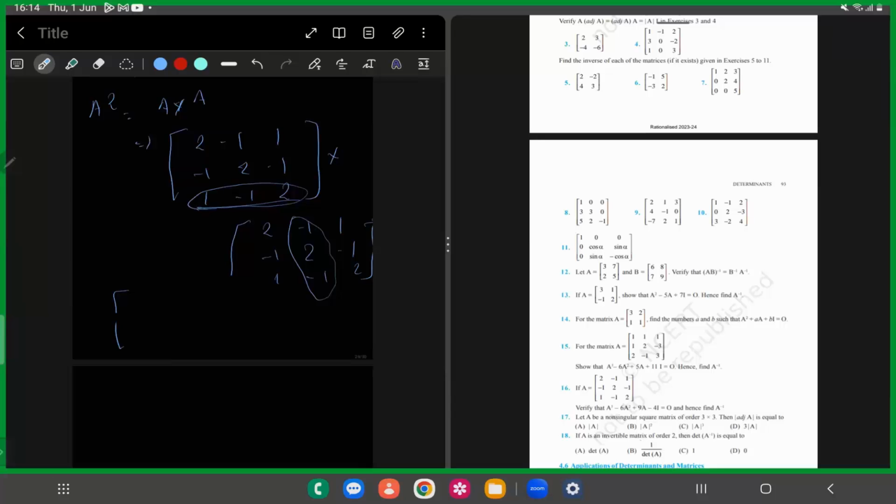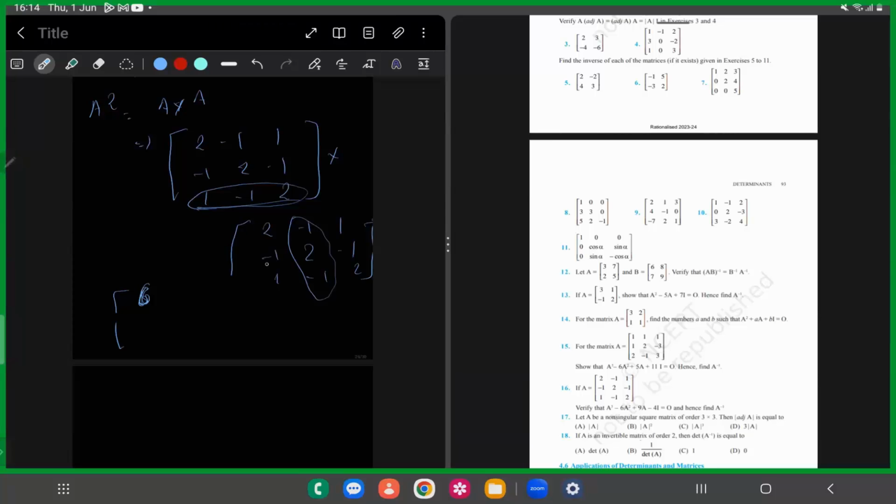So our terms would be, this is 2 into 2, 4 plus 1 plus 1. So this would be 6 actually. I made a small calculation mistake, so we'll calculate it once again.